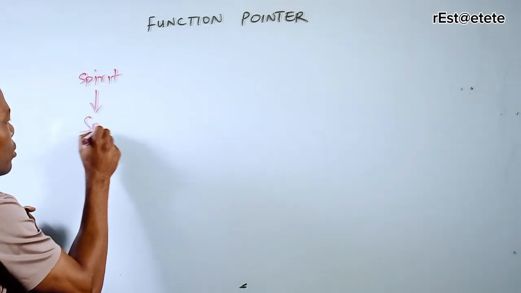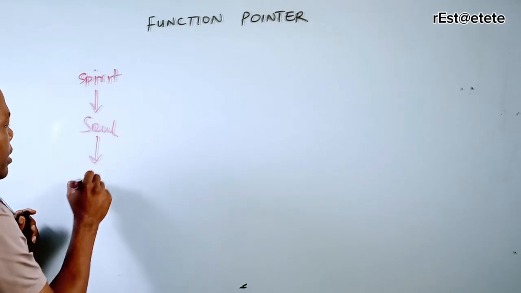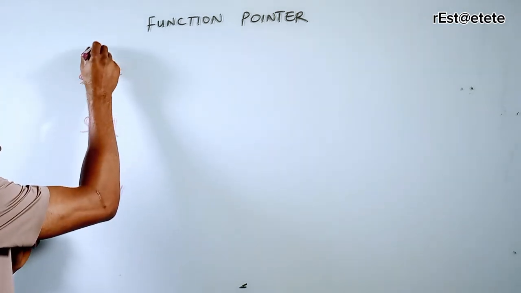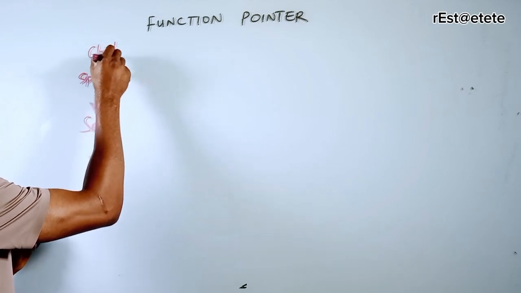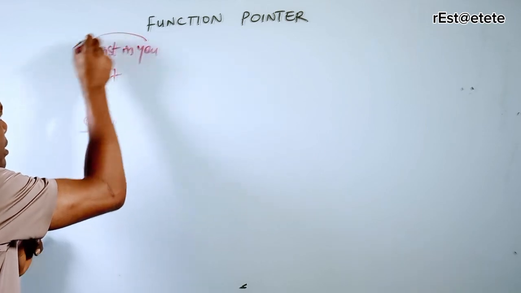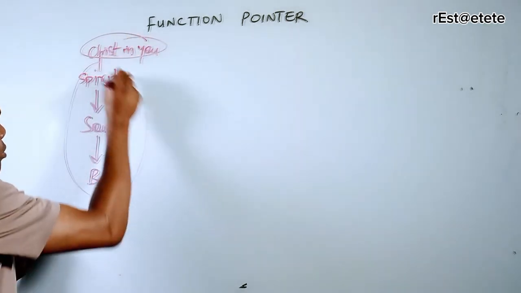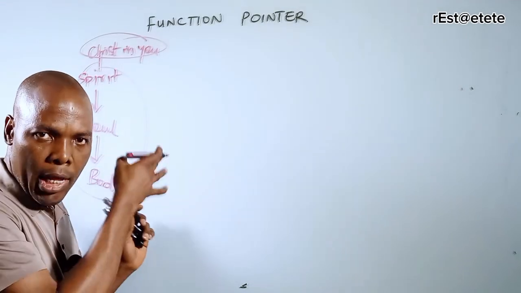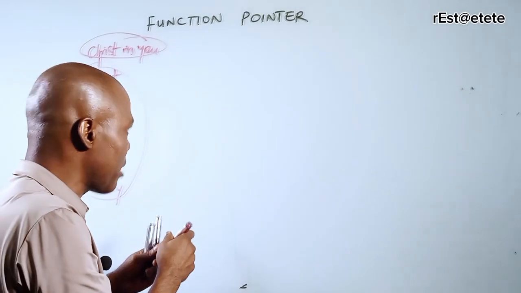This is your soul, right? And this is your body, right? And then this one is what? Christ in you, right? Now this has these layers too. So let's stick to this one in our code in trying to explain our program.